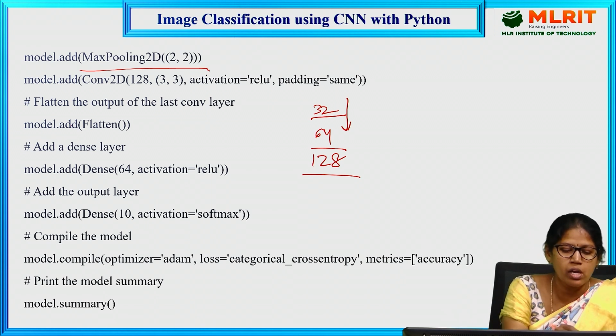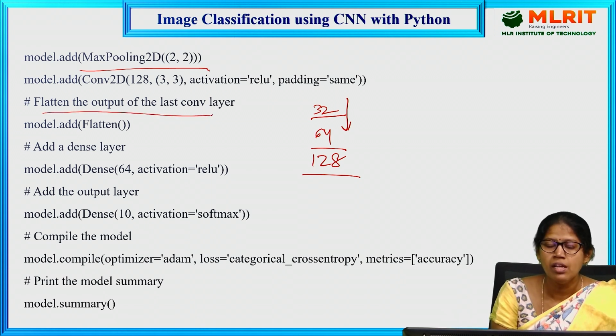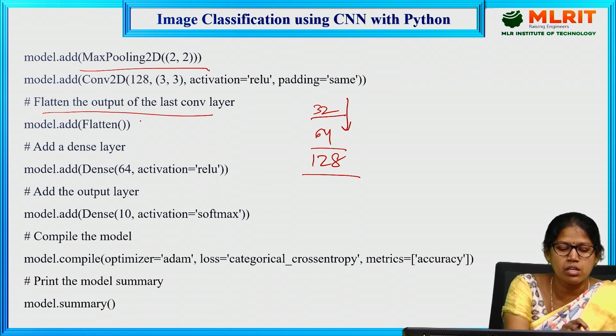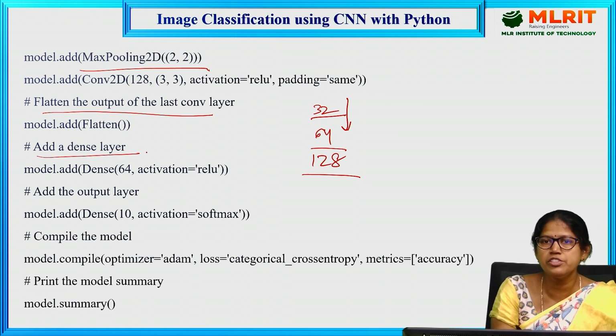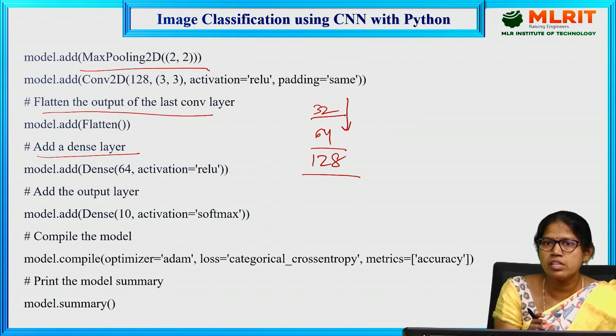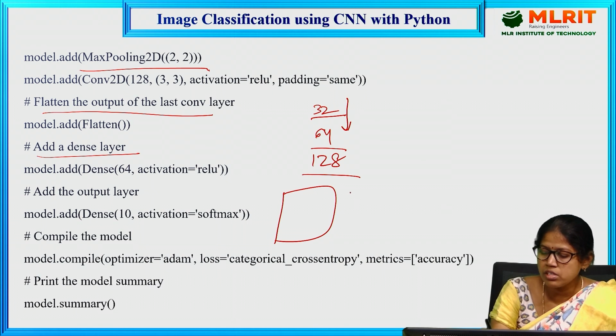Next, if it is 64, it gives more detail, and if it is 128, it will give even more details about that image. Okay. Next, flatten the output. Flatten is the last technique applied to the feature map. After that, there is a dense layer. In this layer, each neuron is connected to another neuron. For example, each and every region is connected with another region. If it is an entire image, then each one will be connected to another one.